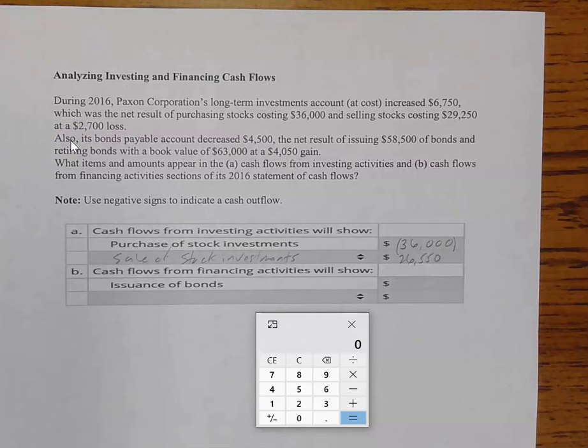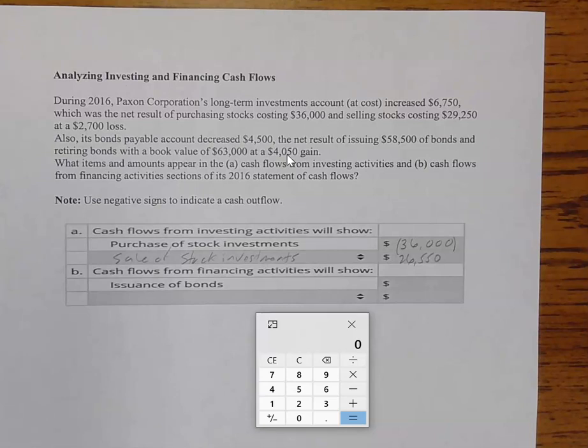It says also that this company, Paxton Corporation, had its bonds payable account decrease $4,500. The net result of issuing $58,500 of bonds and retiring bonds with a book value of $63,000 at a $4,050 gain.